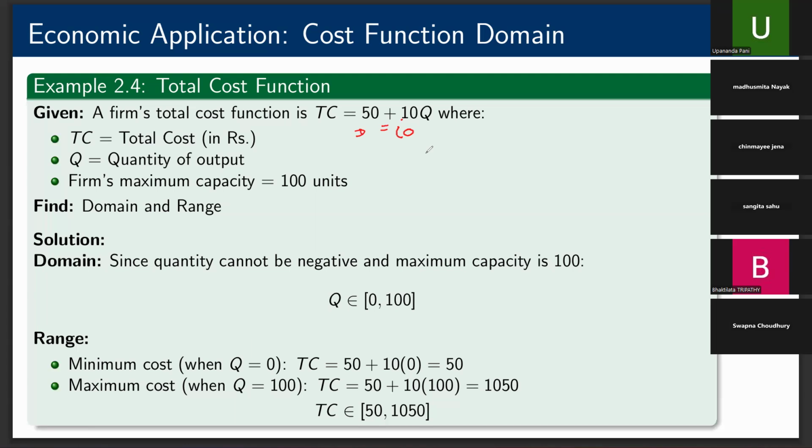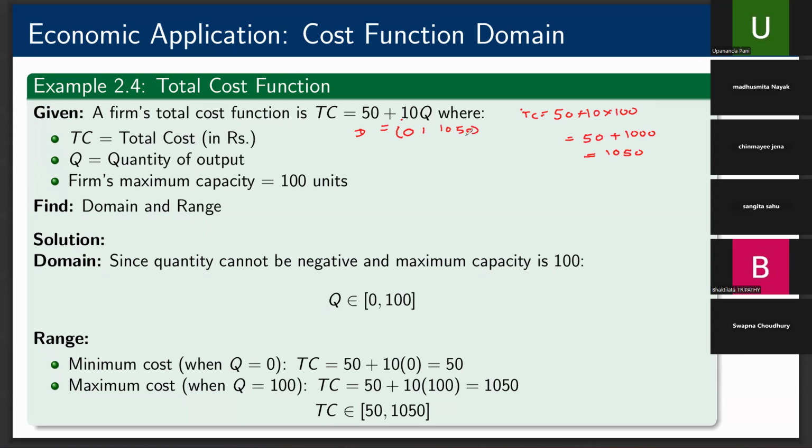So if I produce 100 units of output, the maximum cost I will incur equal to 1050, because putting the value of Q here, it is equal to 50 plus 10 into 100, that is equal to 50 plus 1000, that is equal to 1050. The maximum value the total cost can take is 1050.